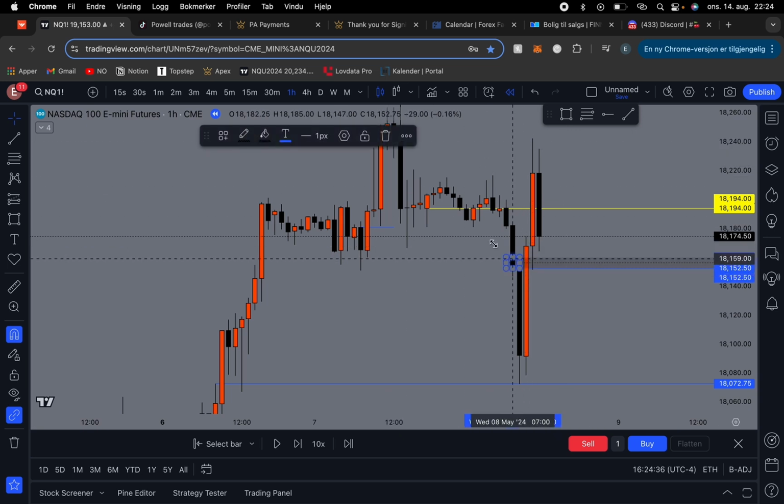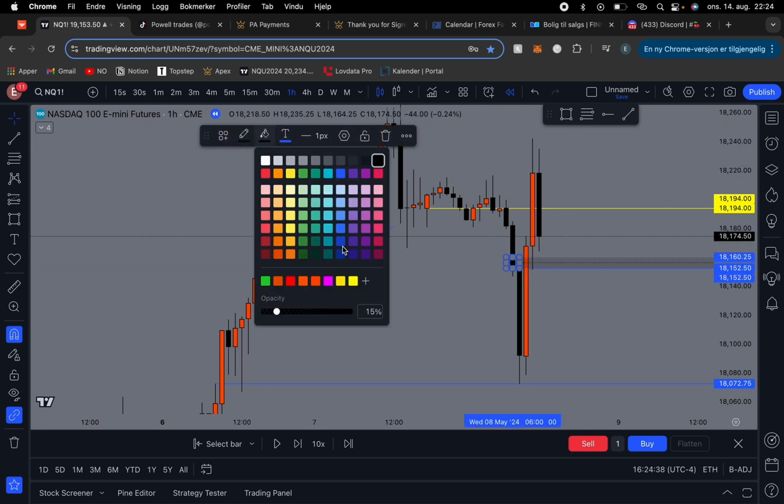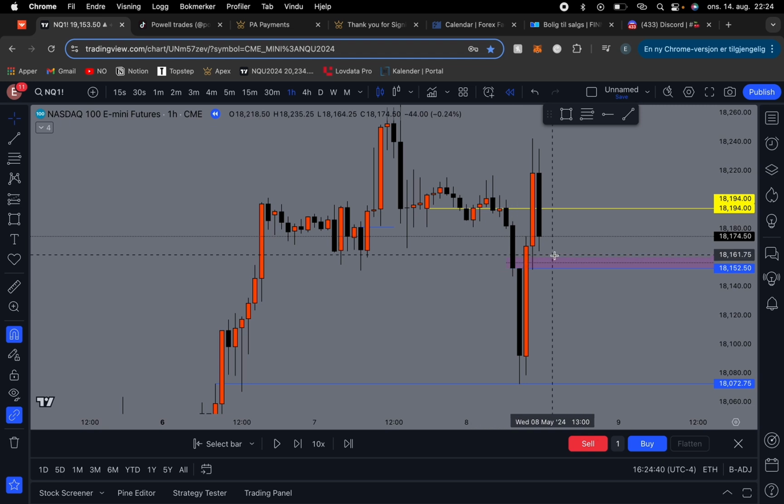I'm not saying there is. Let's just imagine there was a tiny 1-hour FVG right there. This candle right here would inverse that FVG, and we would have a change in state of delivery. This is a really, really good change in state of delivery. If you want more confluence, then this is perfect.